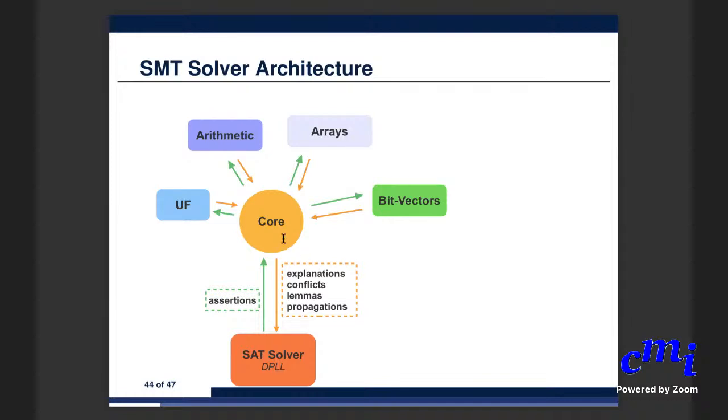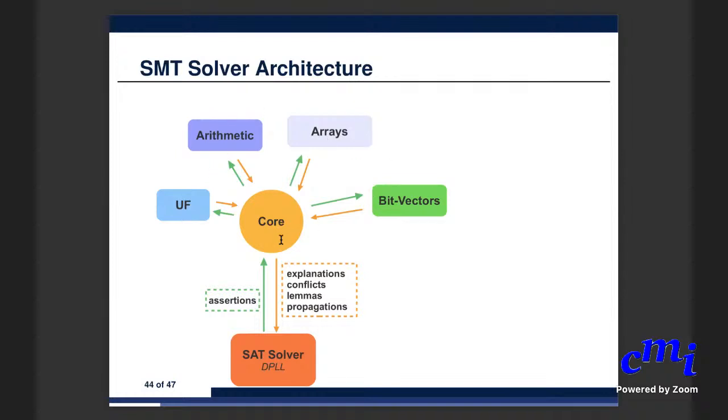What SMT solvers add in this core is like an extension of a DPLL SAT solver that interfaces with these decision procedures to solve the satisfiability problem of arbitrary propositional combination of atomic conjunction of atomic formulas drawn from these theories.